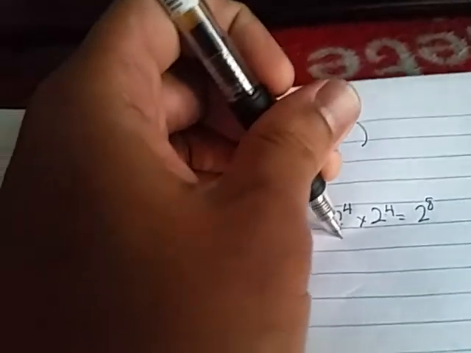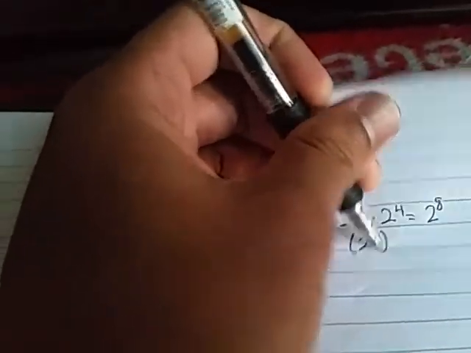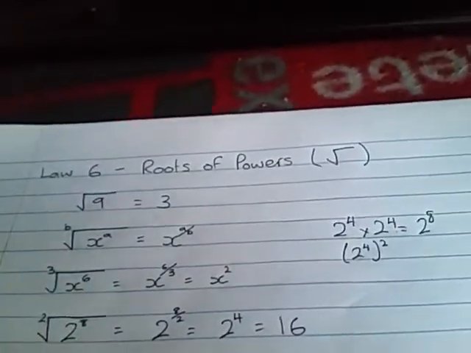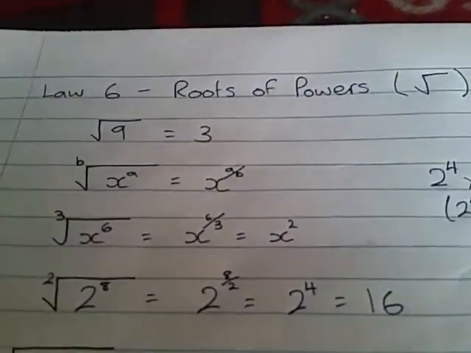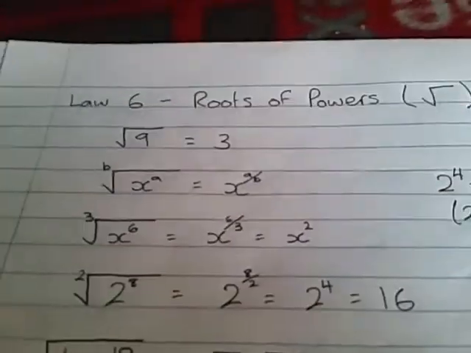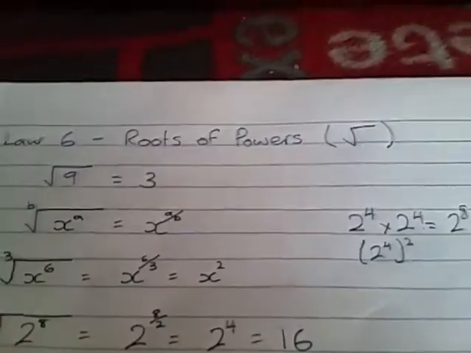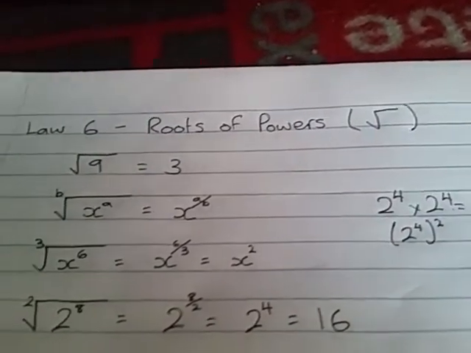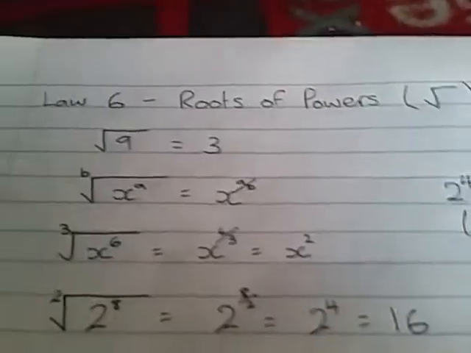But that's also 2 to the 4 squared. So it's all checking out. The square root of 2 to the 8 is indeed 2 to the 4, since 2 to the 4 squared will give you 2 to the 8.